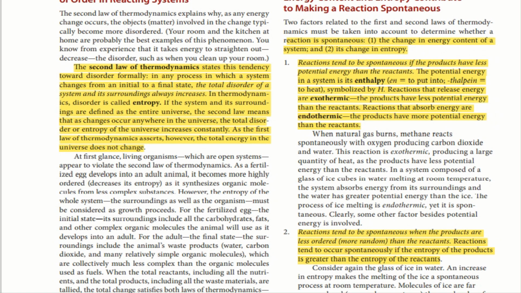The potential energy in a system is its enthalpy, en meaning to put into and thalpy meaning heat, symbolized by H. Reactions that release energy are called exothermic reactions, where products have less potential energy than the reactants. Reactions that absorb energy are called endothermic, where the products have more potential energy than the reactants.